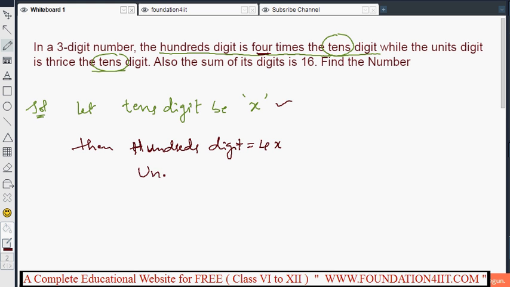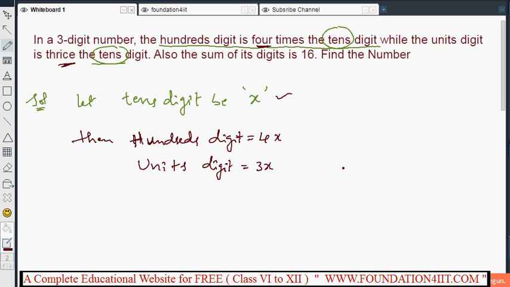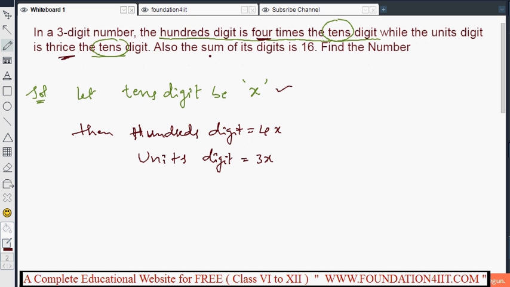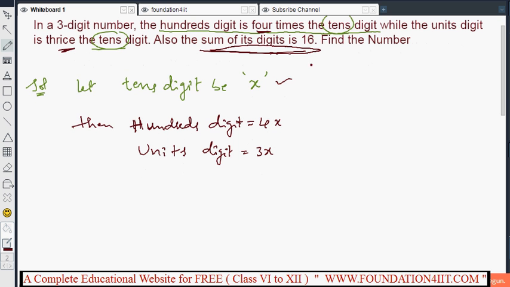And the units digit is thrice, that is 3 times, so 3x. Now the final condition is the sum of its digits is 16. So we need to add all to make it 16. Therefore x plus 4x plus 3x is equal to 16. Now 5 plus 3, 8x is equal to 16. So x is equal to 16 by 8, so x is equal to 2.